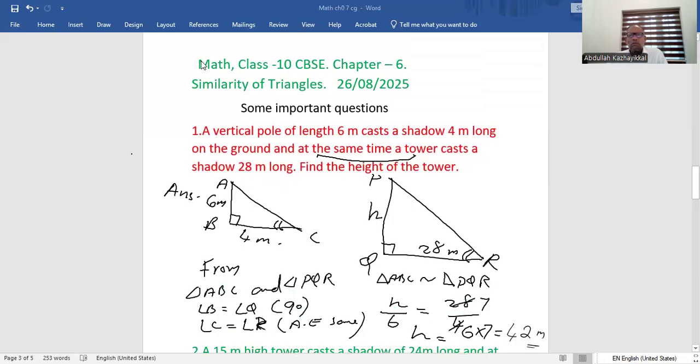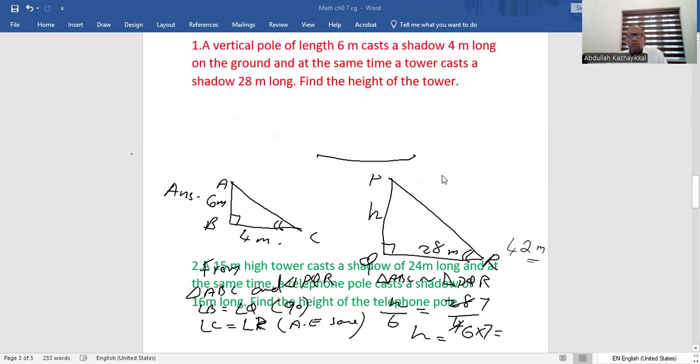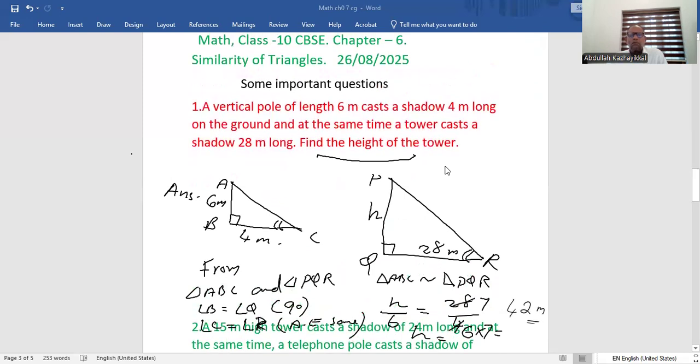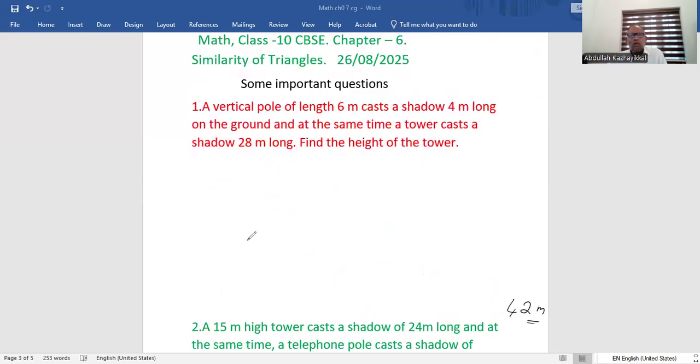Here, look. What is the second question? All of you read the second question, please.